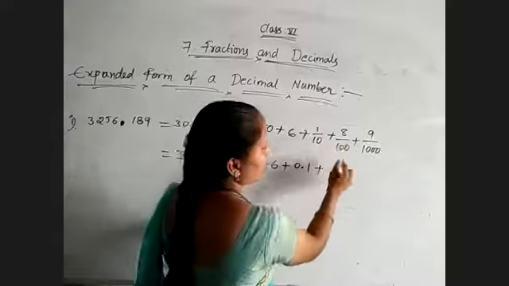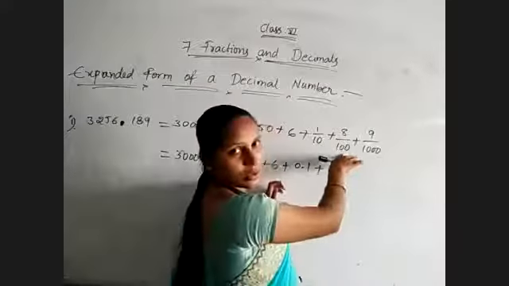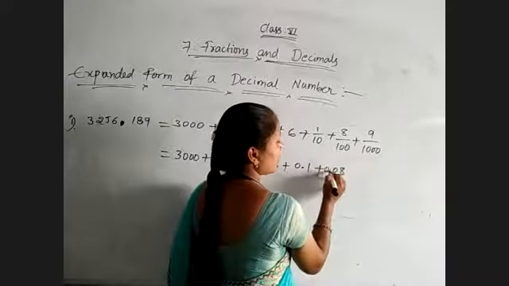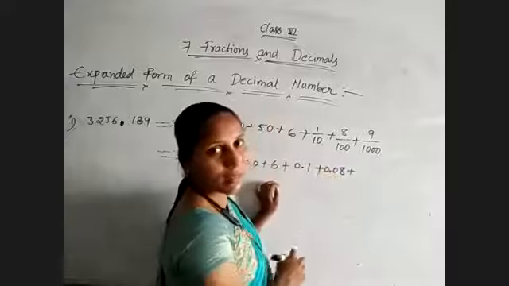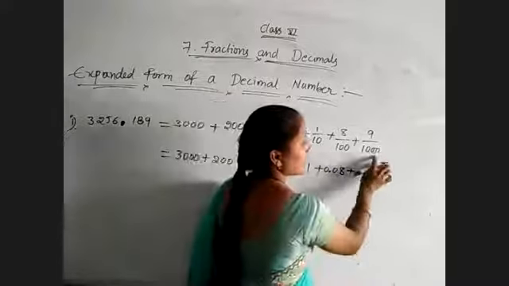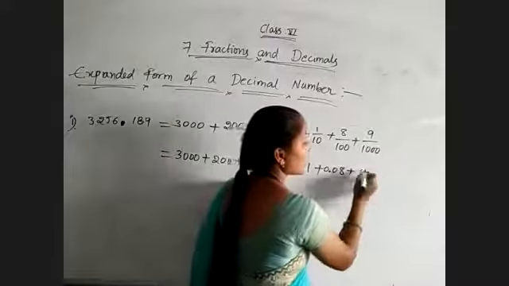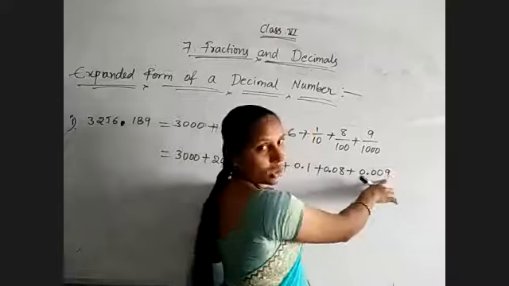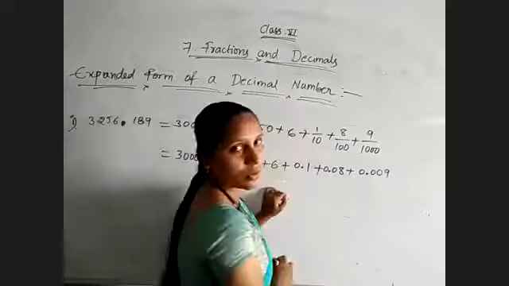And in 100, 2 zeros are there, which means the point comes before 2 digits. So depending on the number of zeros we get the number of decimal digits. Plus, here 3 digits are there, so 3 decimal digits: 0.009. 9 is only 1 digit, so the remaining 2 we keep as zeros.